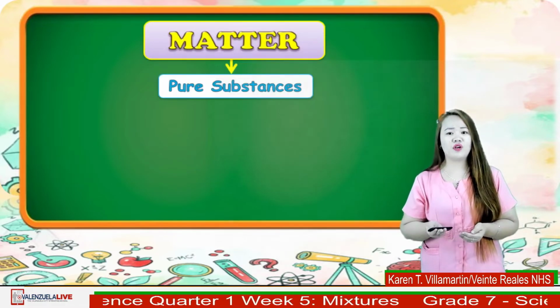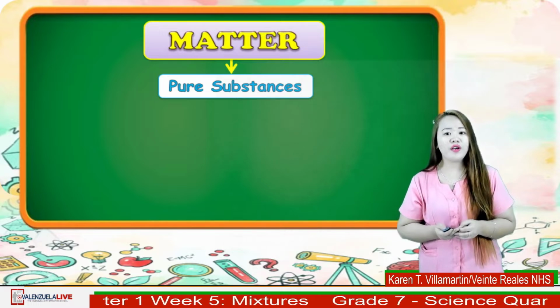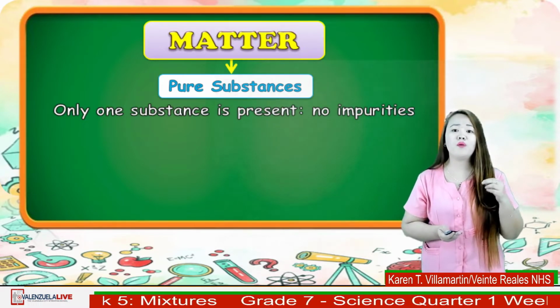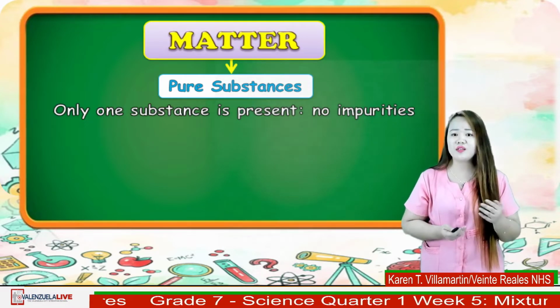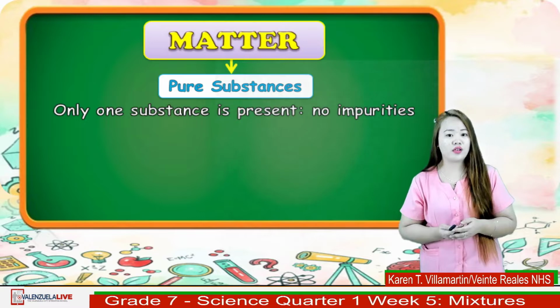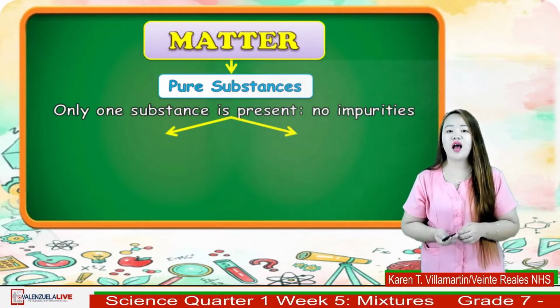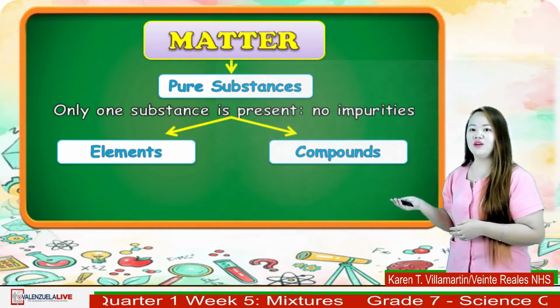From the last session, you have learned about pure substances, wherein these are the substances that are made up of only one kind of particle and have a constant structure. Pure substances are further broken down into 2: elements and compounds.